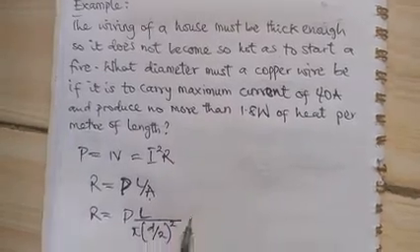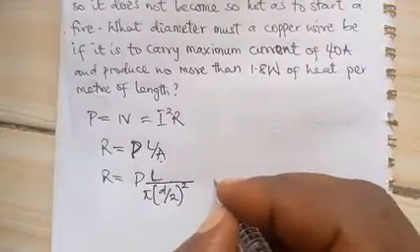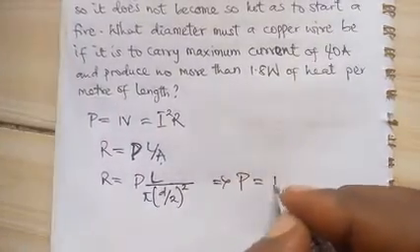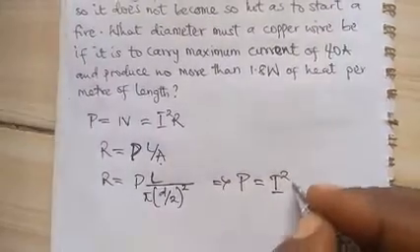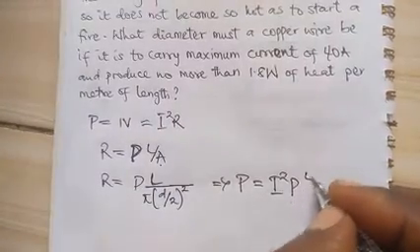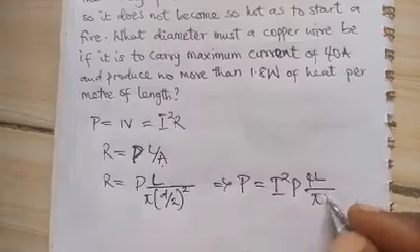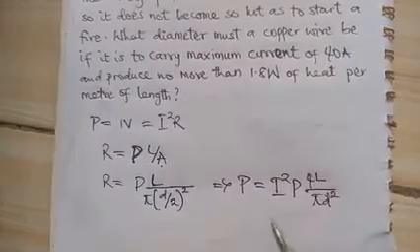And having seen that, power P is equal to I squared rho 4L over pi d squared, if we resolve that.